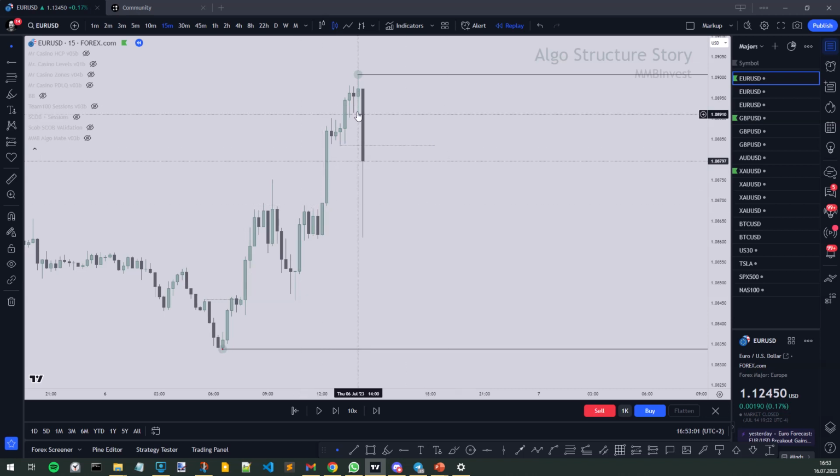Now, as we have the trading range, you would have a look at what are the true order blocks. So this would be an order block. And we have an order block here. We have another order block here.